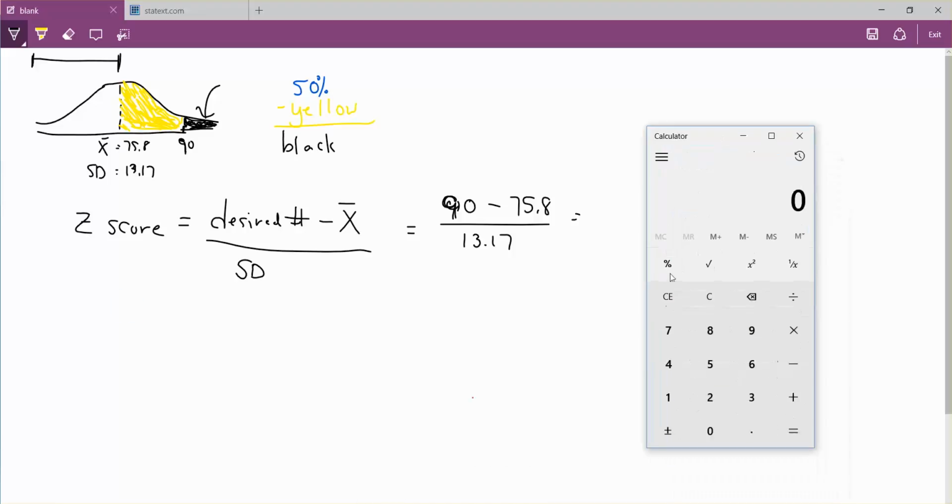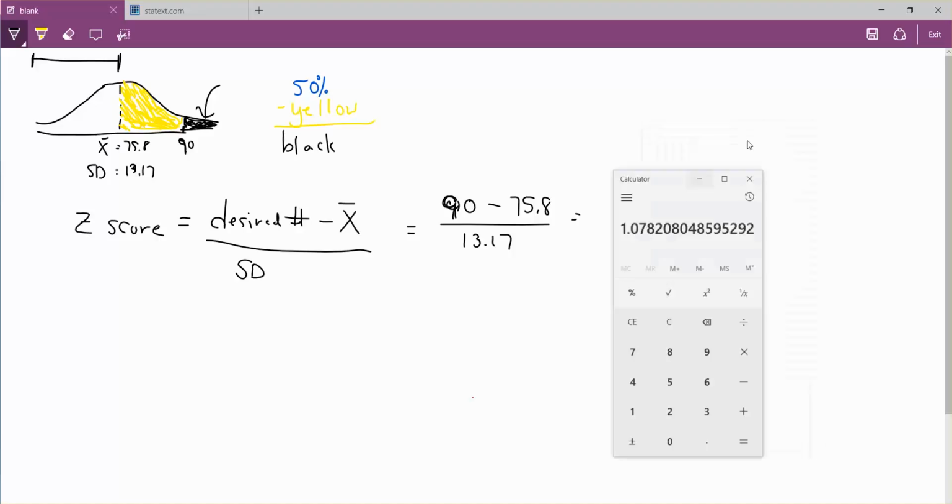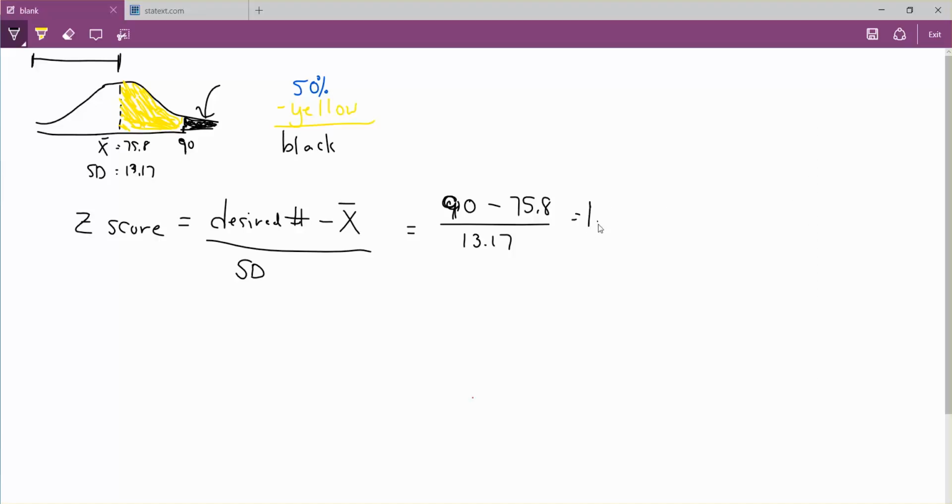So 90 minus 75.8 is 14.2, and then divide that by 13.17 gives me 1.08. I'm only going to round to 2 decimals, and you'll see why in a moment. So 1.08 is my Z-score. Then I take this number and look it up on the Z table.